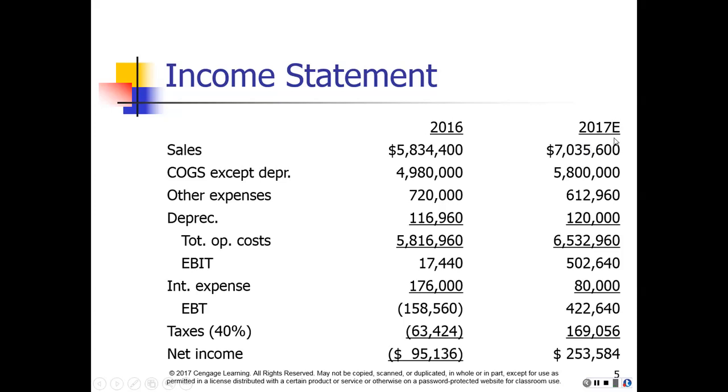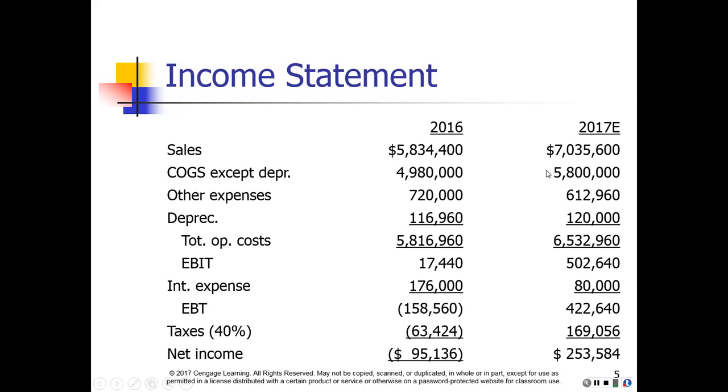So this is the ending value for 2017 that they anticipate. Half of 2017 may already be over. Based on that, they can make projections of what the ending values of these various items will be in 2017.